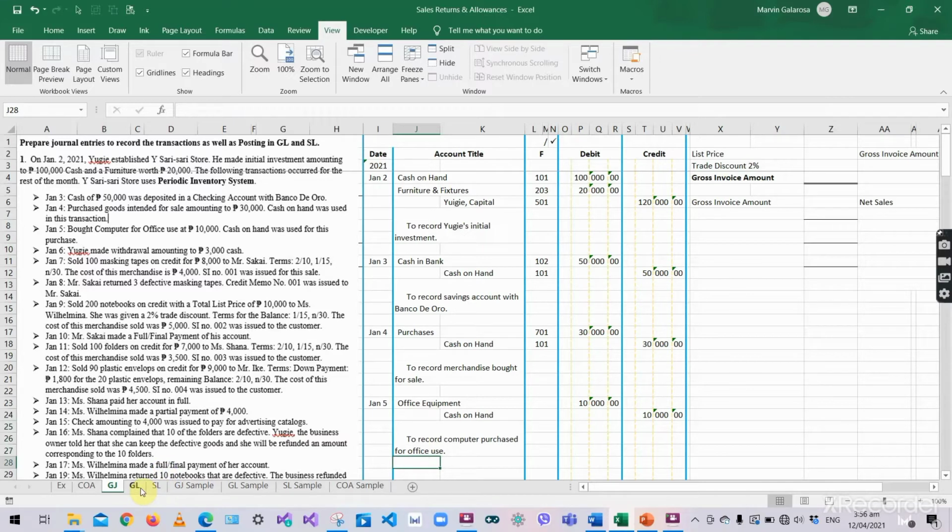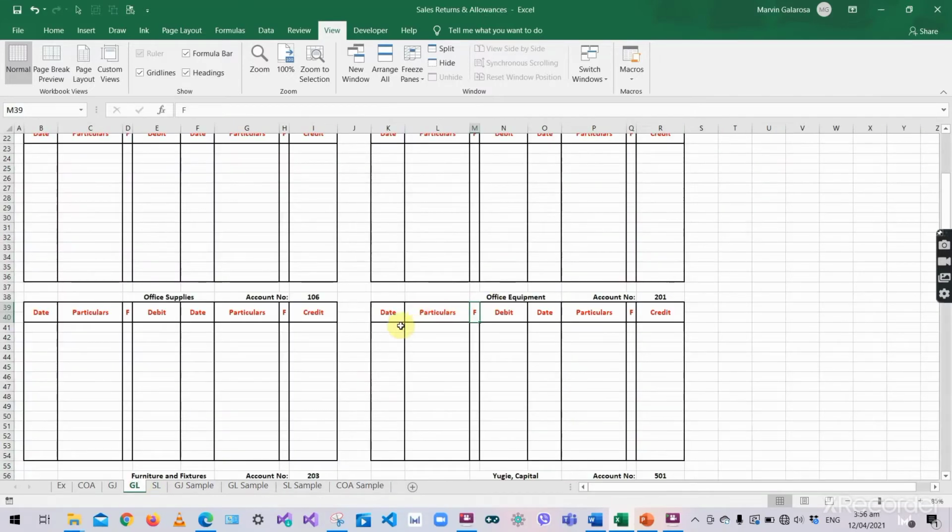Ito naman tayo sa general ledger for posting. Office equipment, debit na 10,000. Sa debit side, 2021, January 5, computer purchase. Journal 1, debit na 10,000.